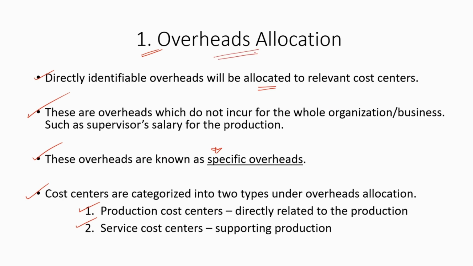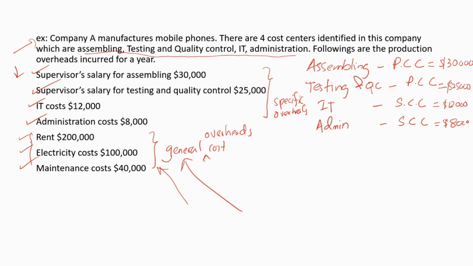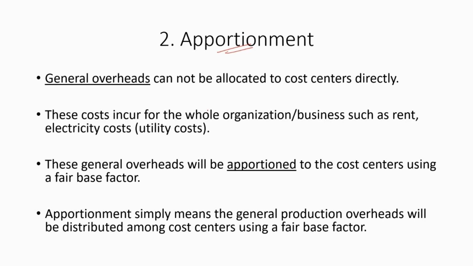Here, allocation means we can directly identify the overheads and directly allocate these costs to cost centers. But now these general overheads cannot be directly identified for each cost center. Now what we have to do is distribute these general overheads among the cost centers, which is known as apportionment. General overheads cannot be allocated to cost centers directly.